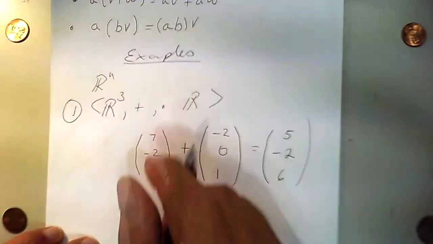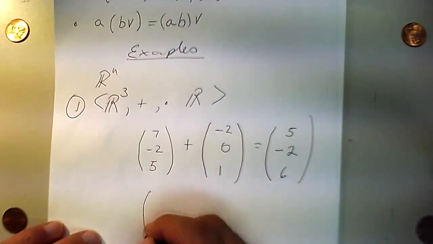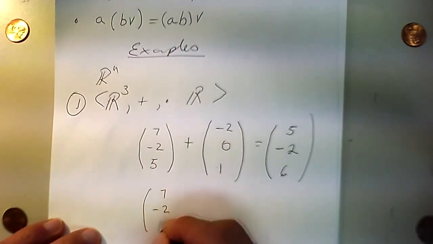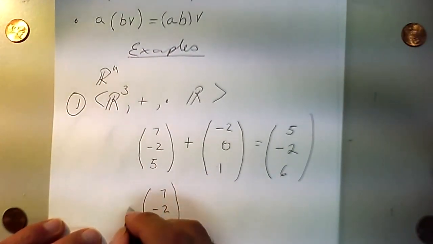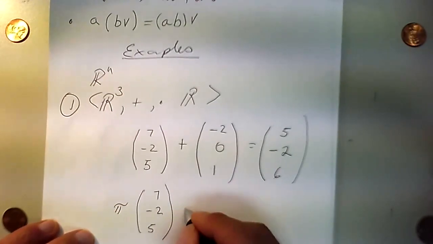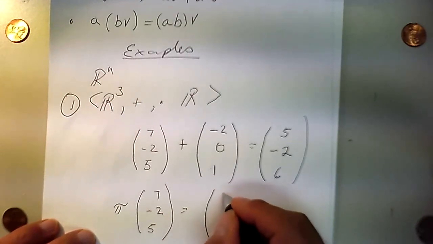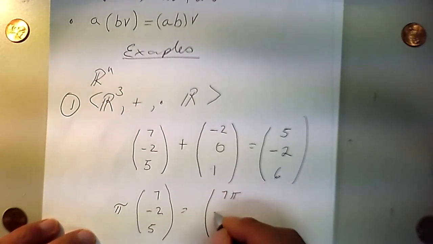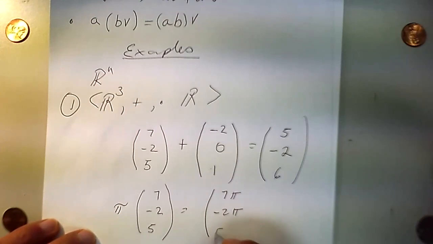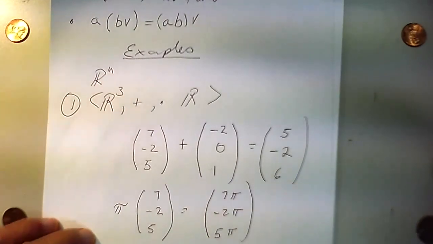And then we can multiply any vector, say 7, -2, 5, by any scalar you want, say pi. That gives you a new vector, 7 pi, -2 pi, 5 pi.